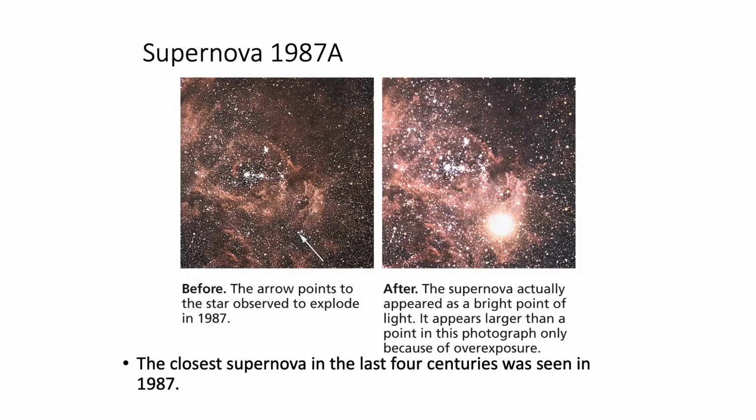This is an example of a supernova from 1987. You can see the before and after of the supernova. This is a long exposure shot, which is why it appears so much brighter. I mean, you can see that everything appears brighter, but this supernova appears really bright. And it only lasts for a couple of months.